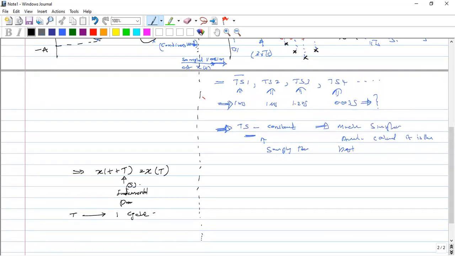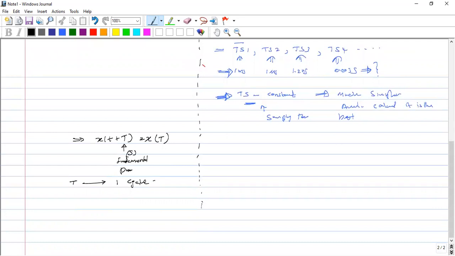We can also define some parameters here. This is the time taken for one cycle.